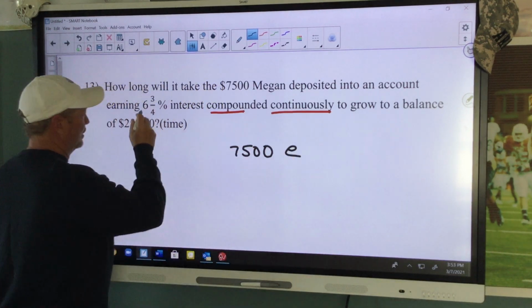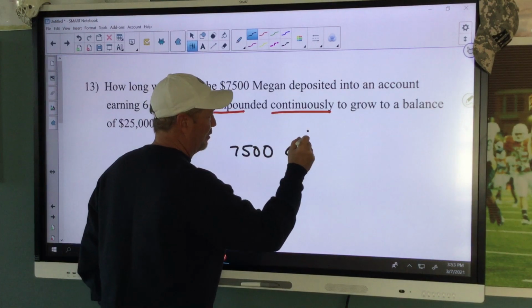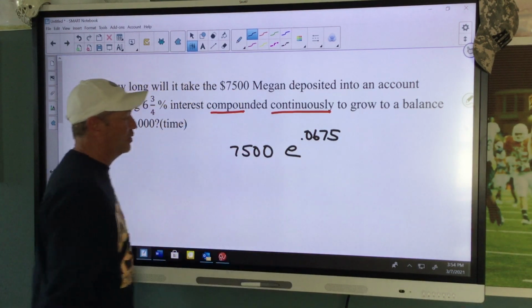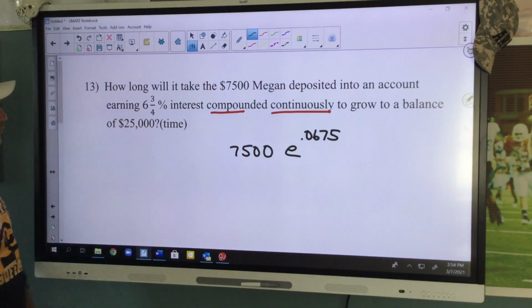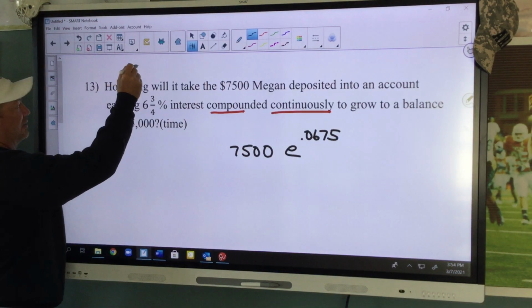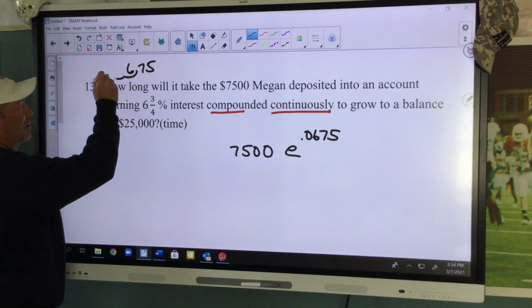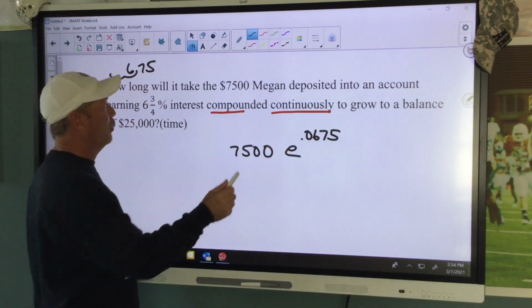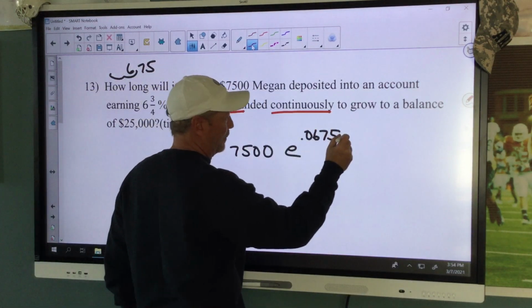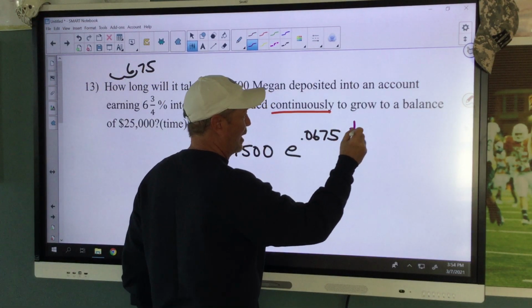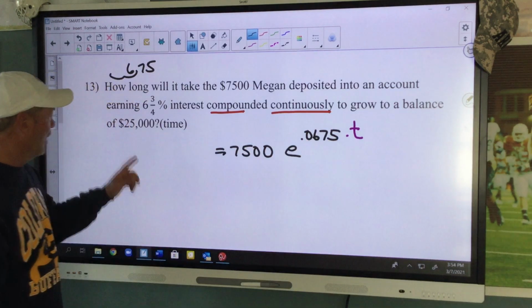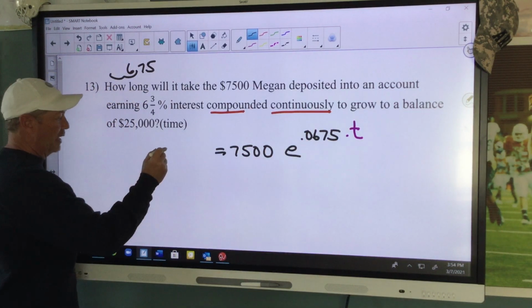What's our rate? 0.0675. There's your rate, because 6 3/4 is 6.75, and you've got to move it 2 times. So you get 0.0675. What we do not know is time, but we know we want to have a final balance of $25,000.